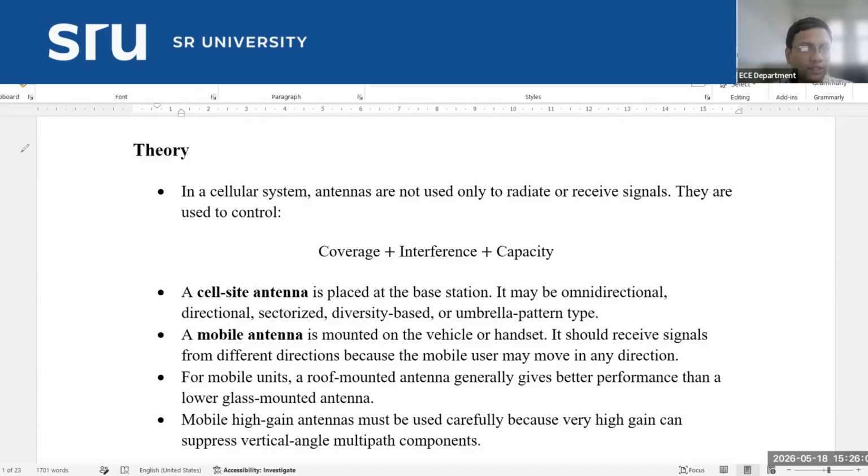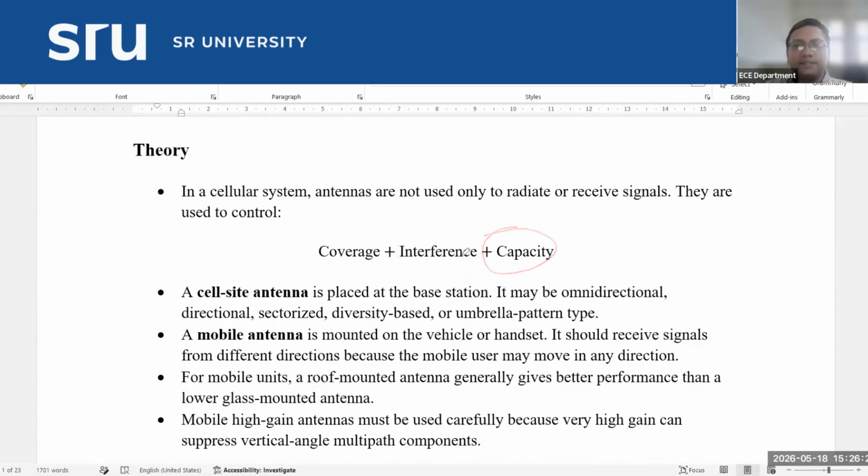First aspect is coverage, that is, what is the area that can be covered. Second is called interference. So how to manage interference between cells, and capacity.